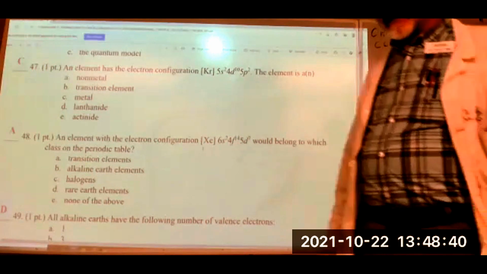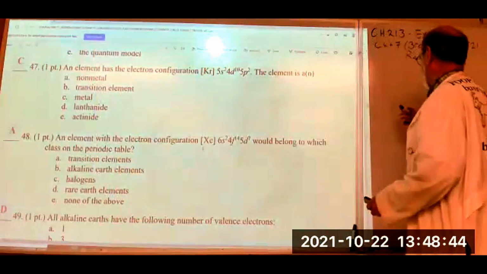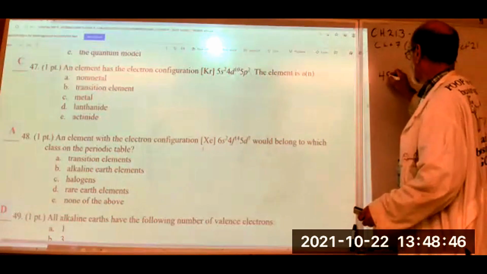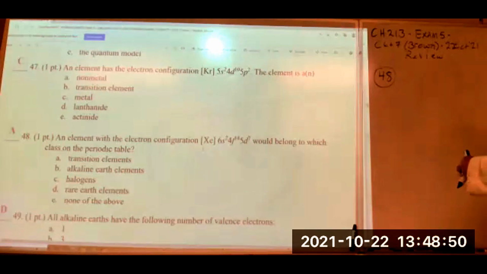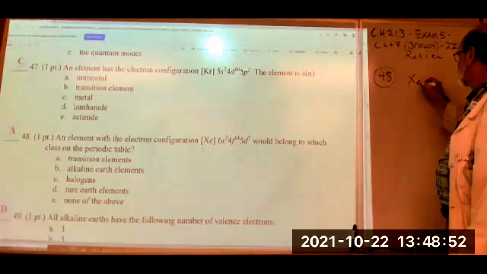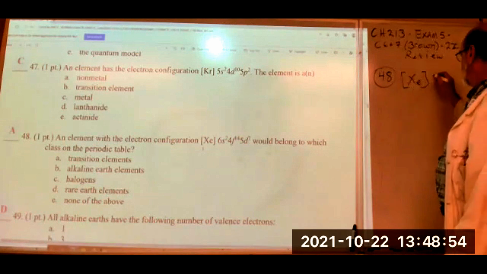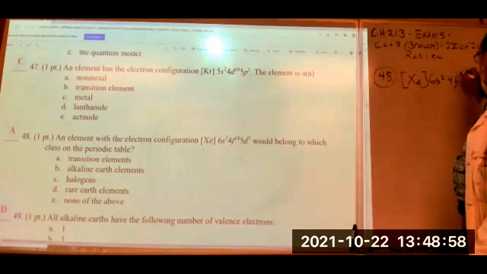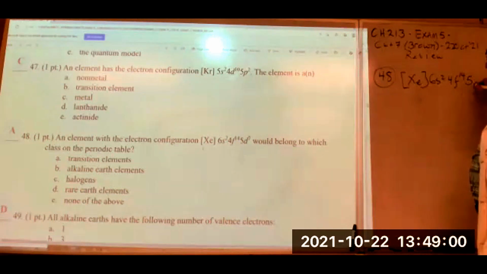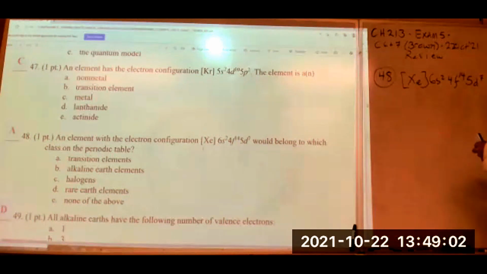47, I think I got 48 more. So, yeah, 48. So an element with electron configuration of xenon 6s2, 4f14, 5d7.